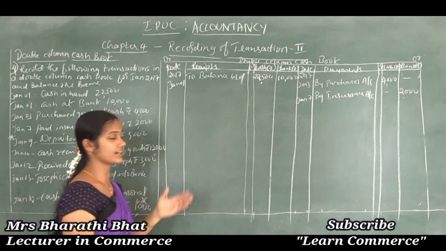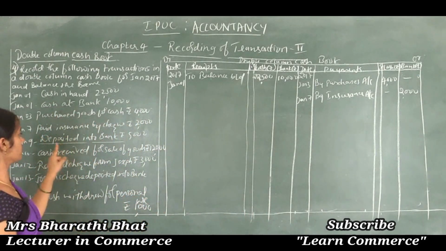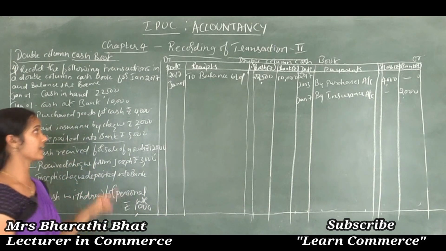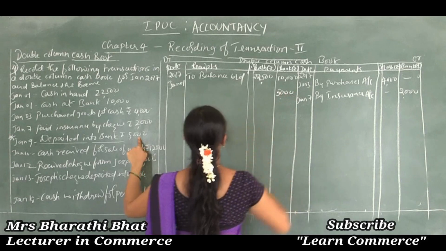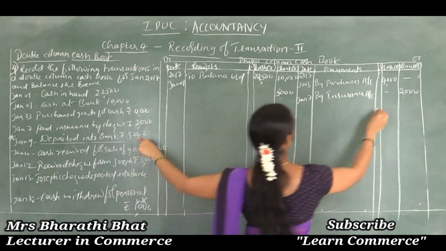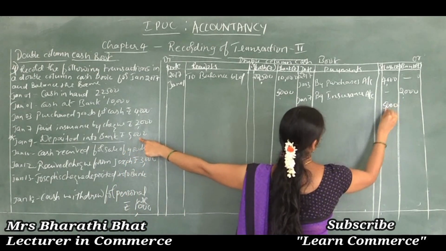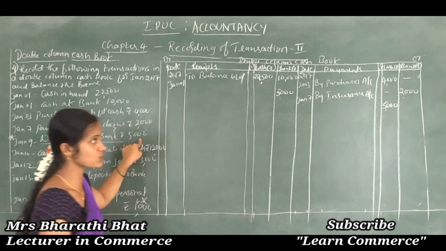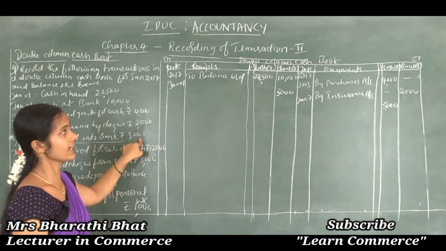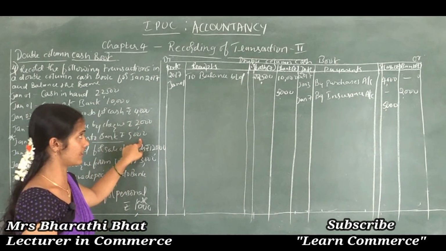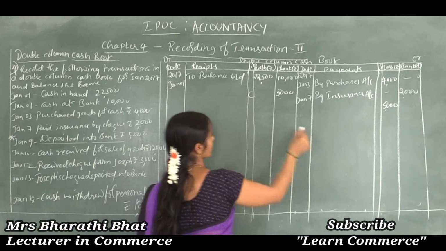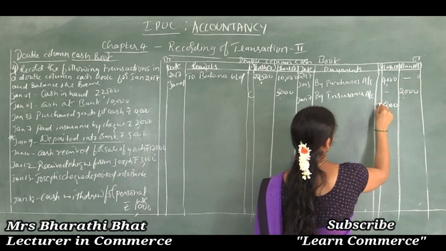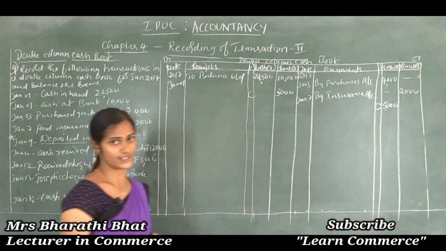So like that we can record easily. When we deposit cash into bank, our bank increases by 5,000, bank shows increased value, and at the same time cash decreases. 5,000 shows decreased value, 5,000 shows increased value under bank, means receipt side, correct, right? And in front of that we should record C, contra. It means what? Contra entry.